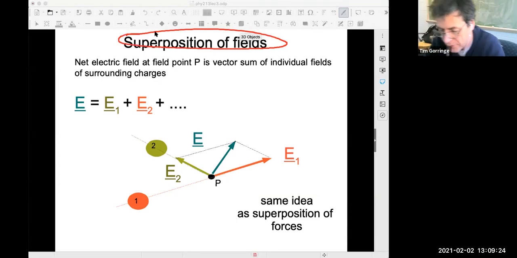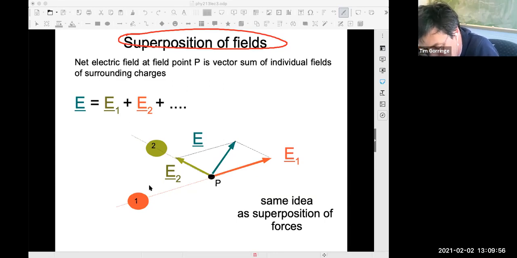The net field due to an arrangement of charges is simply the vector sum of the individual fields of those charges. So if you have two charges, for example, charge 1 and charge 2, then the resulting electrical field of the two charges is simply the electrical field of the first charge plus the electrical field of the second charge, remembering that these fields are vectors.